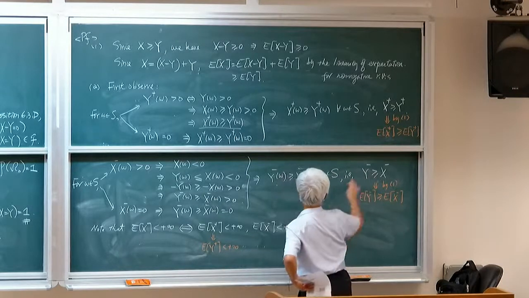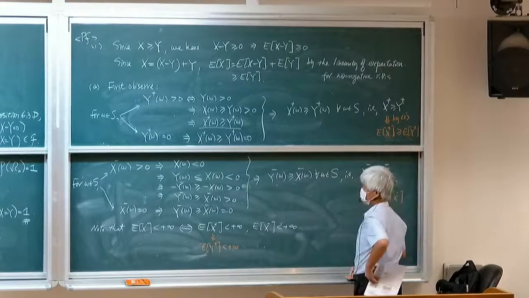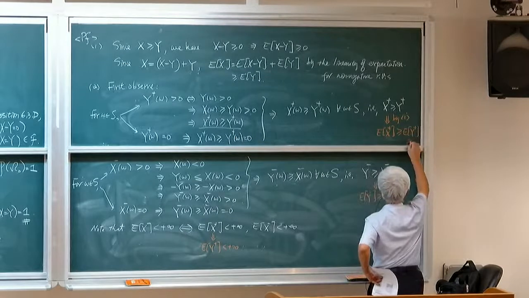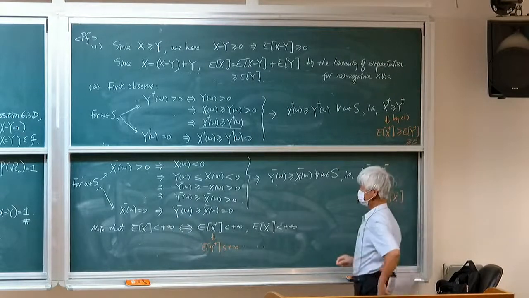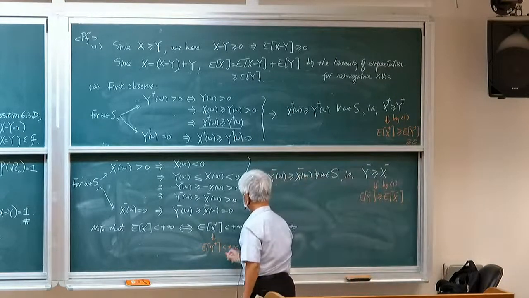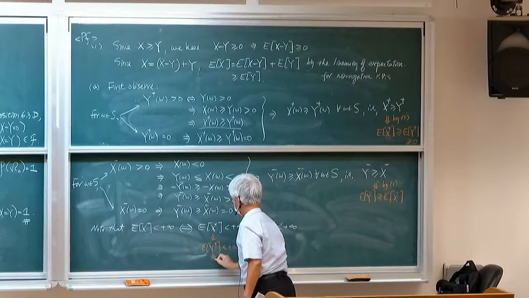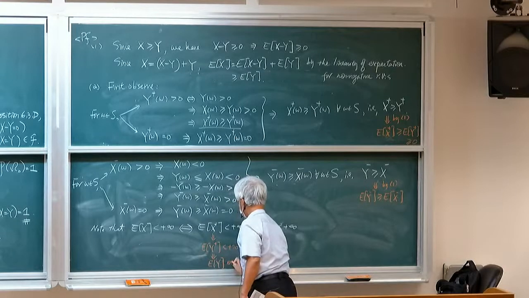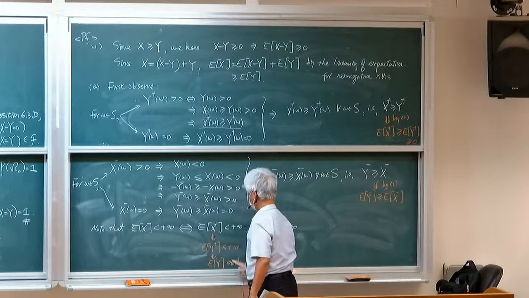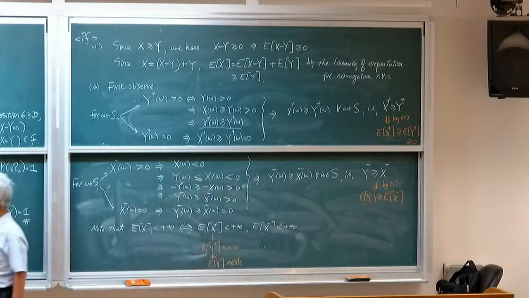Okay? Because the expectation is always greater than 0, right? And from here, this implies that expectation of Y exists. Okay? So we prove the first result. Expectation of Y exists.